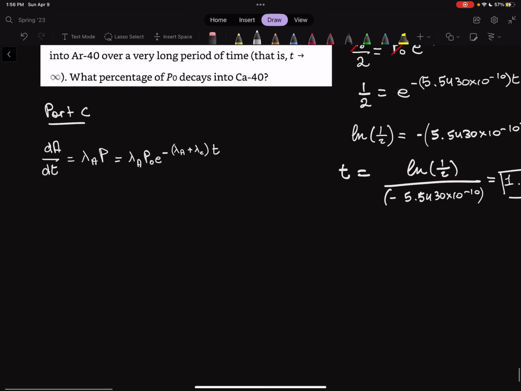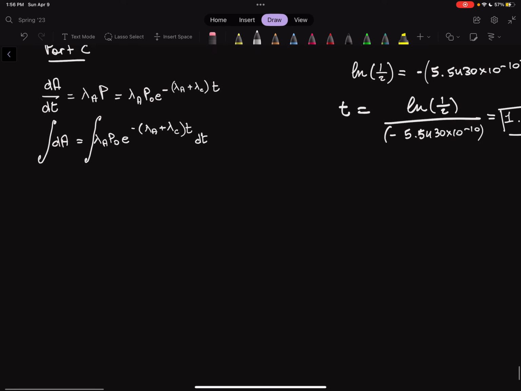Well, now I notice that this is separable, so I can say dA is equal to lambda A P naught e to the minus lambda A plus lambda C times T dt. And now I can take the integral of both sides.